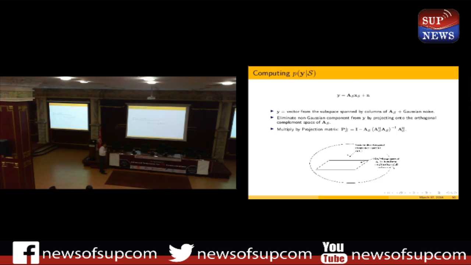So approximately, we're going to have P_S perpendicular times Y. This P_S perpendicular times Y will kill this part and will give me only this part here. This is Gaussian. So I can say approximately my P of Y given S is given by this Gaussian distribution. Okay? So this is how I find P of Y given S.